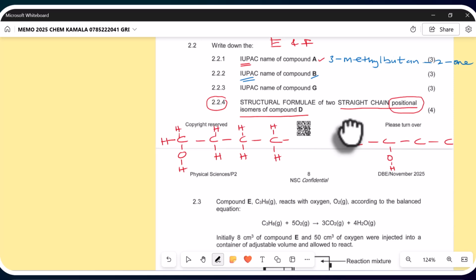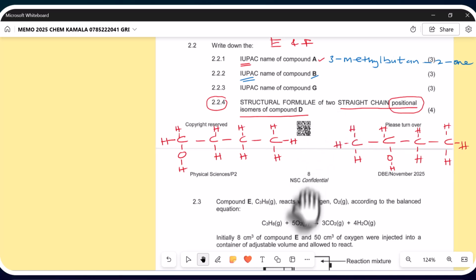This is C3H8 plus 5O2 gives 3CO2 plus 4H2O. These are all gases. So this is propane plus oxygen to give carbon dioxide gas plus steam.